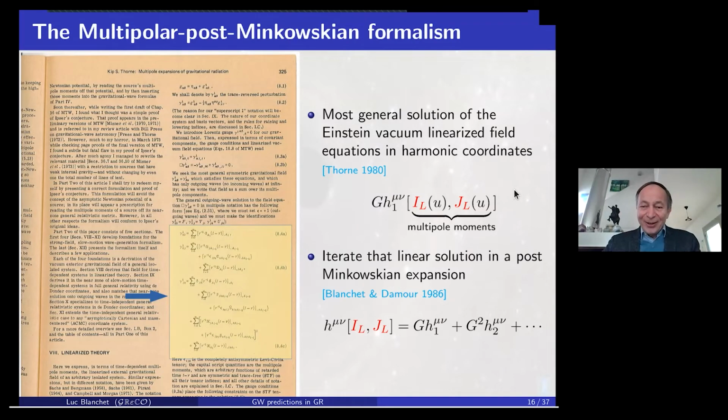Let me have a few historical remarks on that formalism, so-called MPM, multipolar post-Minkowskian formalism. Actually, it comes from the nice review article by Thorne in the Review of Modern Physics of 1980, where he gives the general solution of the Einstein field equations in vacuum at the linearized approximation using harmonic coordinates.